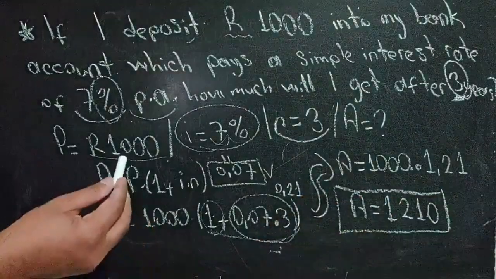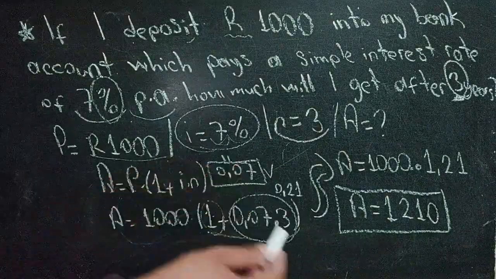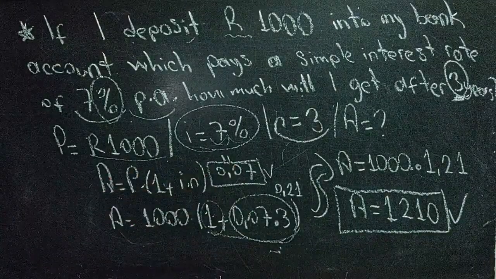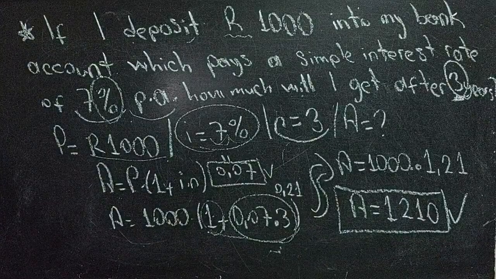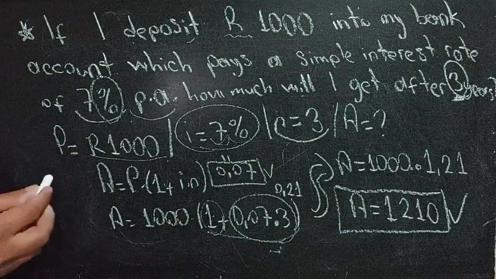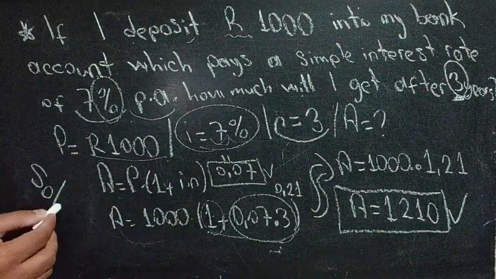See, my amount was 1000. After 3 years it is going to be 1210. All right, this one was the first solution.